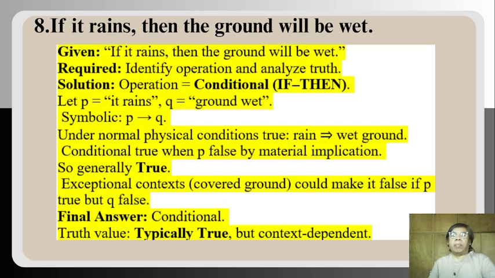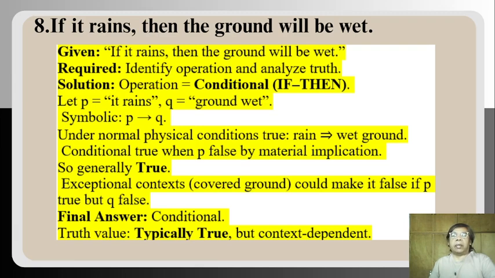Symbolically, P, arrow to the right, Q. Under normal physical conditions, true: rain will make the ground wet. The conditional is true when P is false by material implication.